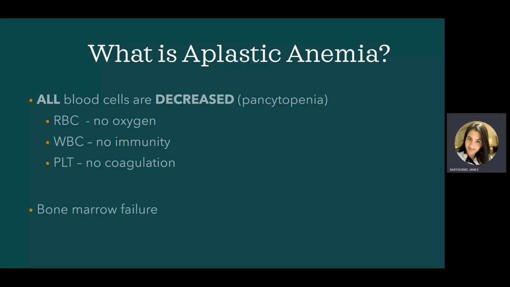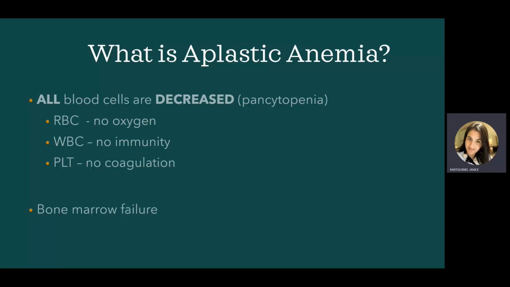Your hemoglobin is going to be low, so you're going to have all your symptoms of anemia. You're going to have no white blood cells to fight for you in your immunity, so therefore you're more prone to infections. And then you're not going to have platelets that coagulate, so you can basically bleed.